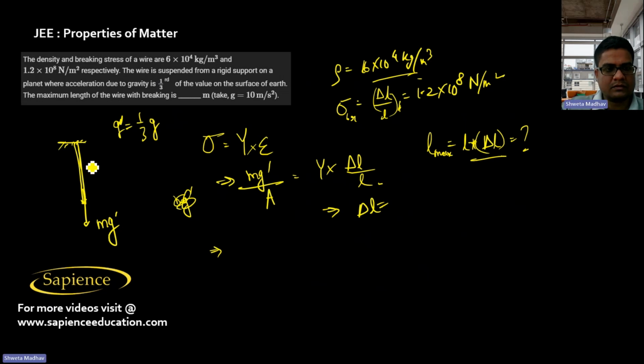M, mass of wire, I can write M as A into L into density of the wire.